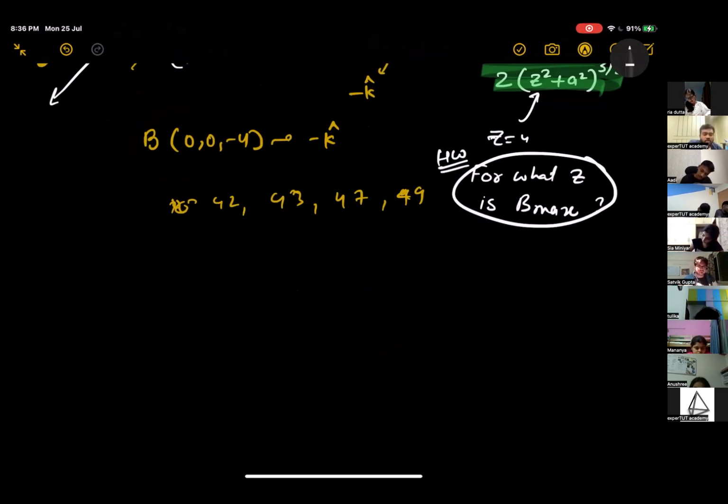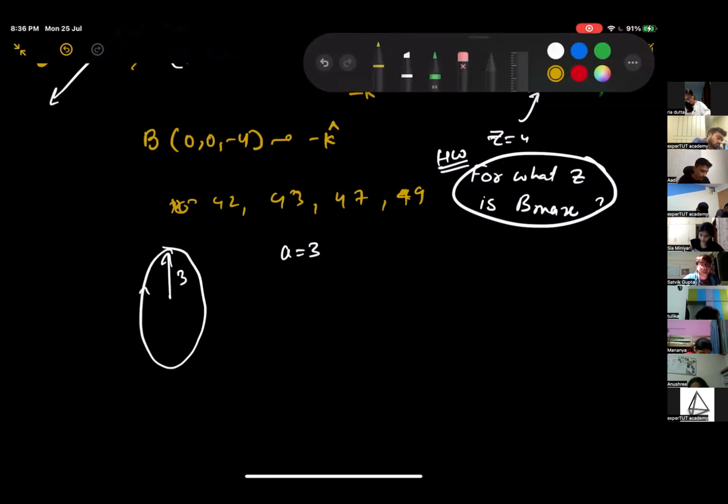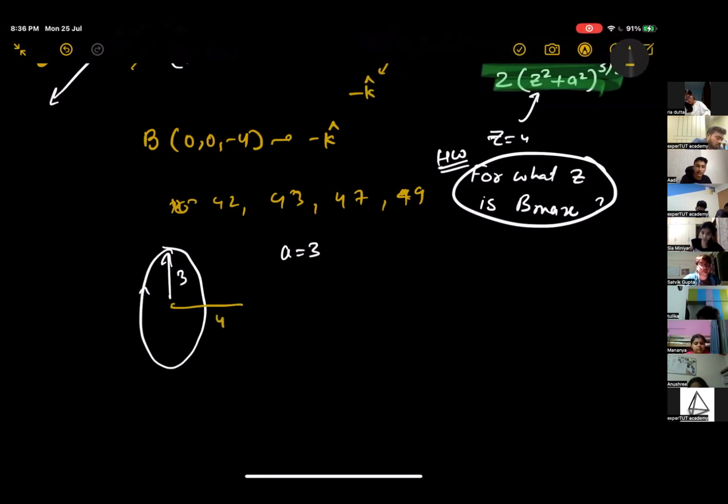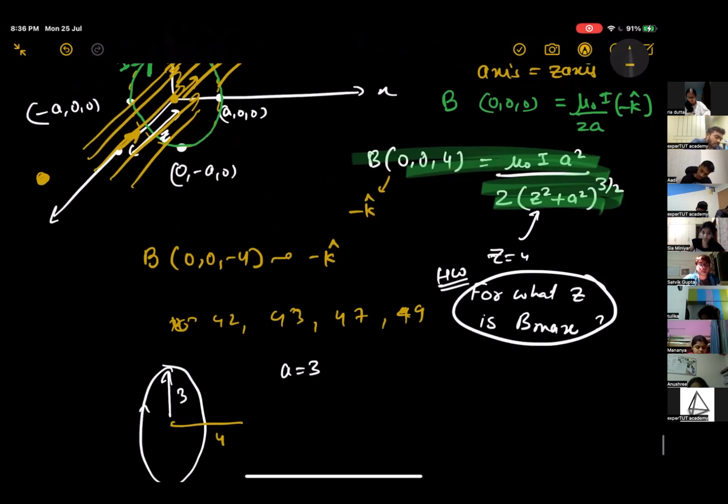Sir, read the question 42, Adi. A circular loop of radius 3 centimeters having a current of 12.5 ampere. The magnitude of magnetic field at a distance of 4 centimeters on its axis. अब मुझे बस इतना बता दो, इसमें किसमें क्या क्या वैल्यू डालोगे?